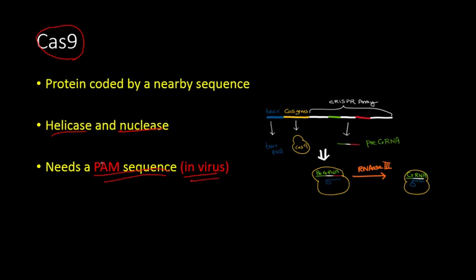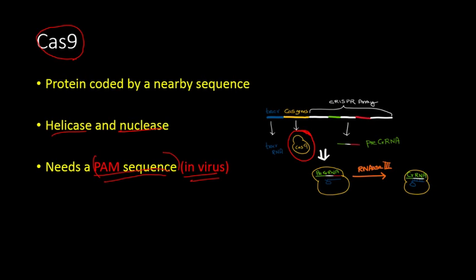We'll come to the PAM sequence later. Cas9 is central to the type 2 CRISPR system. As a helicase it will unwind the viral DNA, and as an endonuclease it is able to cut the viral DNA.